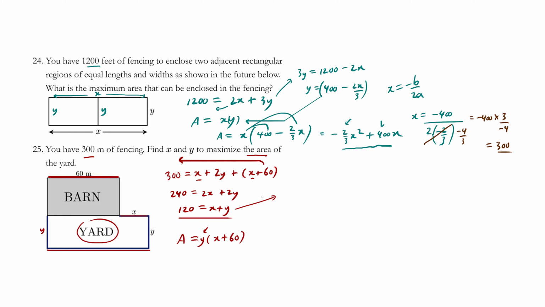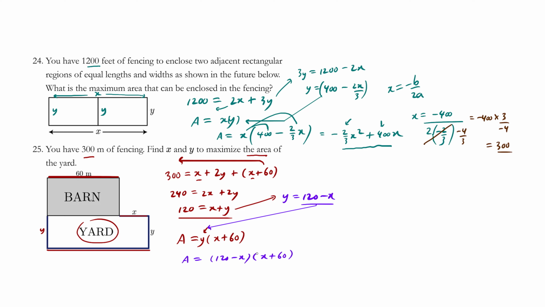Let's use this first equation. So we have y is equal to 120 minus x, and we're going to substitute into here. So the area is equal to 120 minus x multiplied by x plus 60.